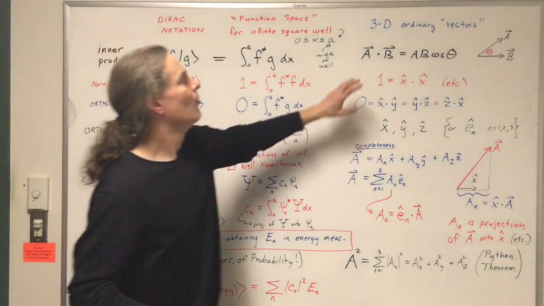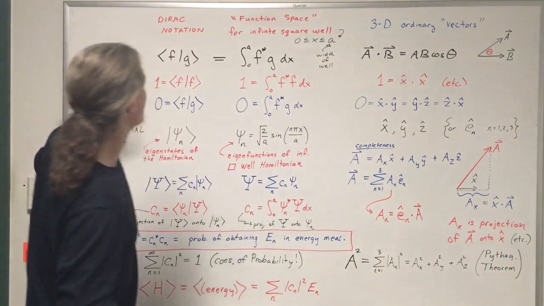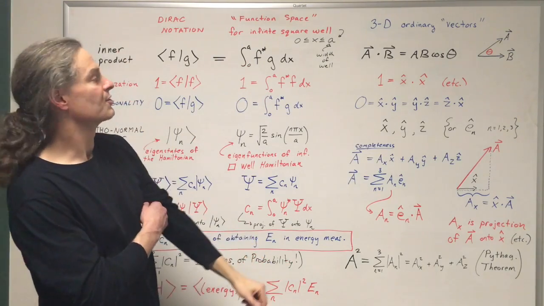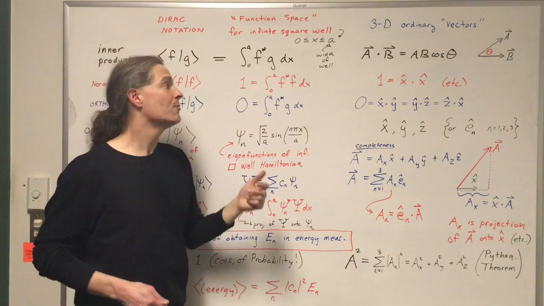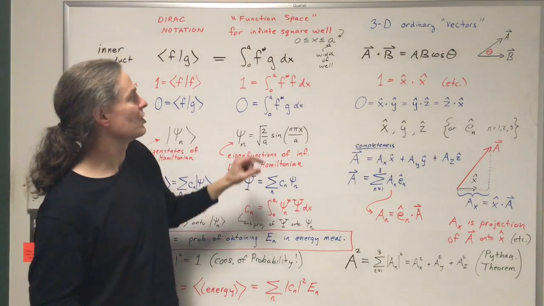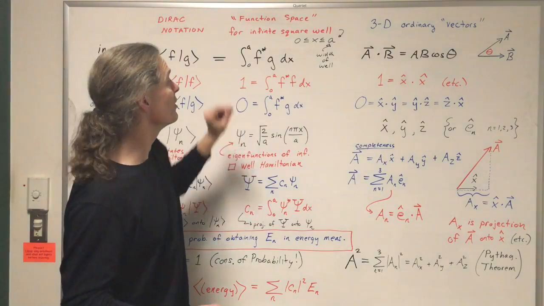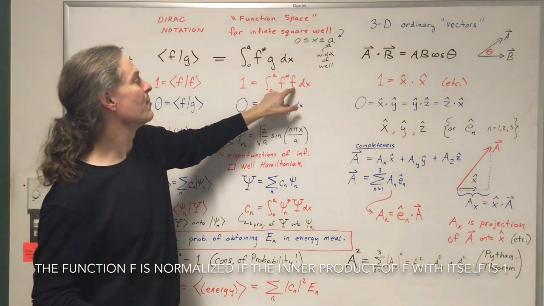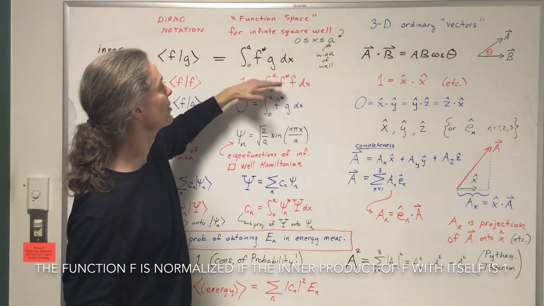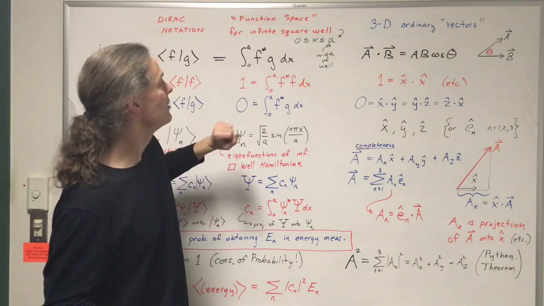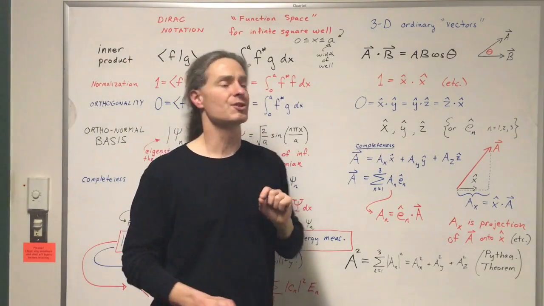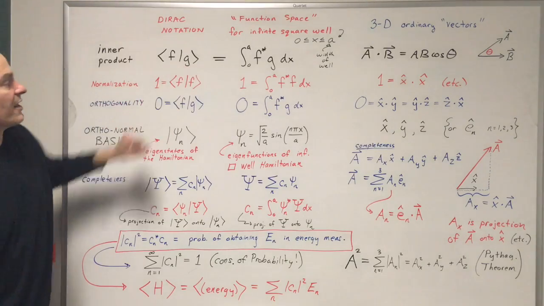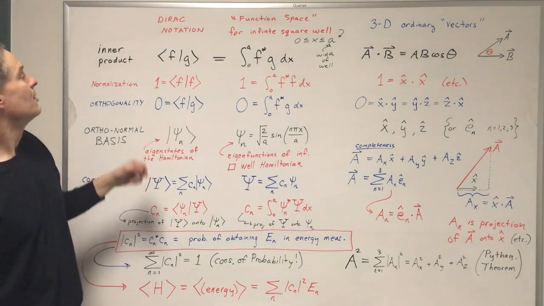Okay, what does normalization look like in our infinite square well function space from x equals 0 to x equals a? Well, we would say that the function f is normalized if we take f star, multiply it by f, integrate that from 0 to a and get 1. Abstractly, we can represent that in Dirac notation as follows.